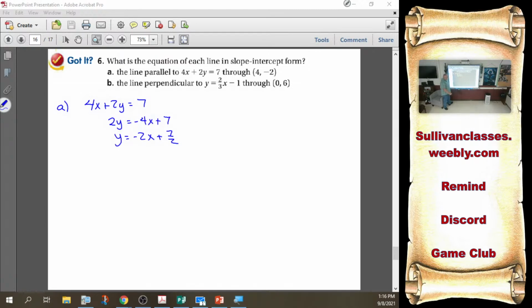Oh, that slope is not 4. Okay, it's 2. I knew it. I told you, Don. Slope-intercept form has a coefficient of slope. Standard form doesn't.